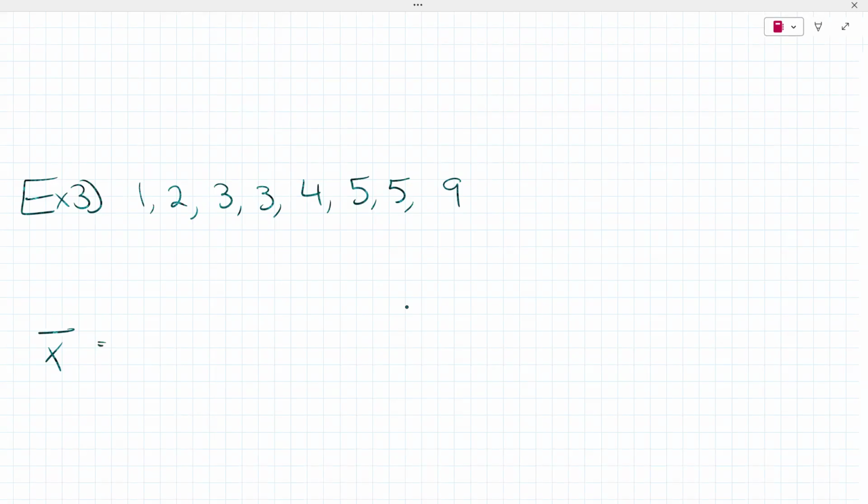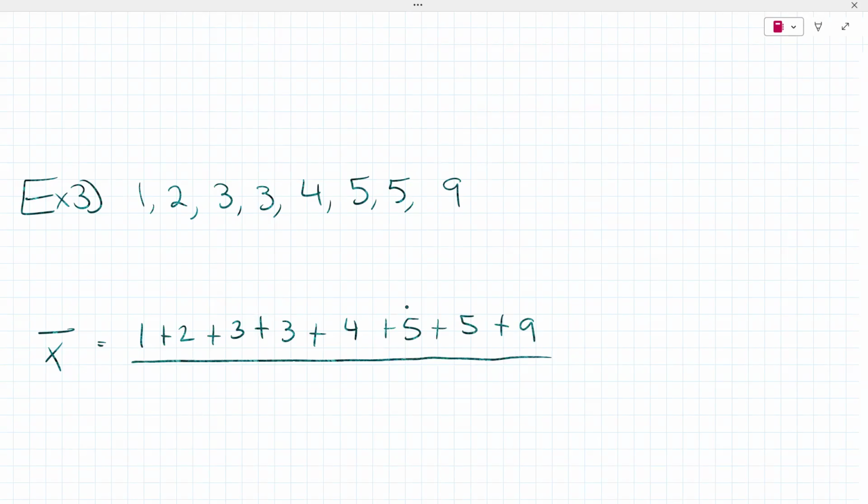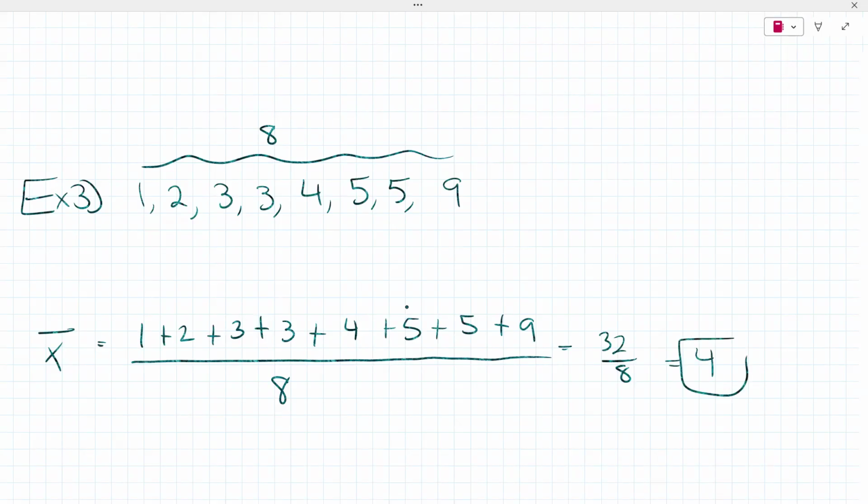So my average is going to be 1 plus 2 plus 3 plus 3 plus 4 and so on, divided by the total amount of numbers. There's 1, 2, 3, 4, 5, 6, 7, 8, a total of 8 numbers. When we put that in the calculator, you should get 32 over 8, which is 4. So your average is 4.